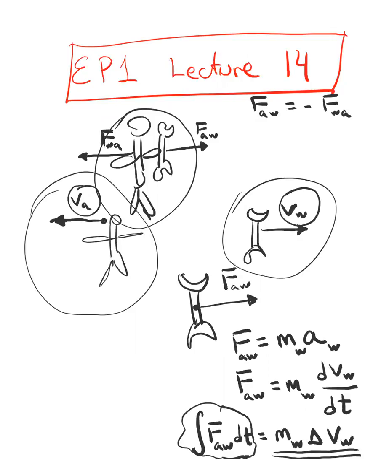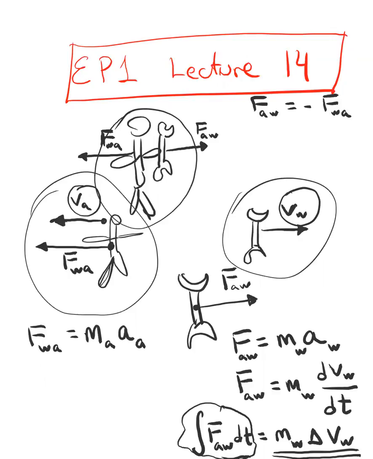Now let's do the same thing for this astronaut. I have this astronaut sitting here. It experiences a force from the wrench. I can basically write down exactly the same equation for the astronaut. I can say that this force is equal to the mass of the astronaut times its acceleration.